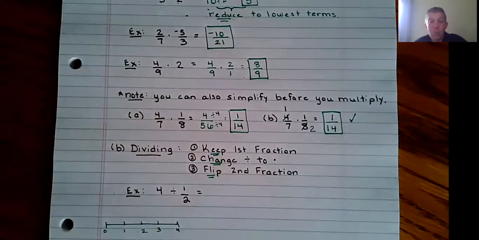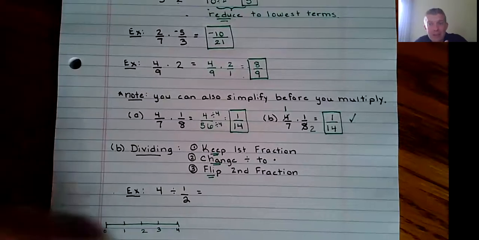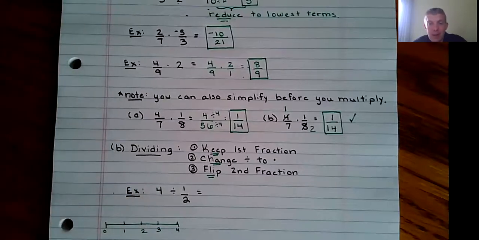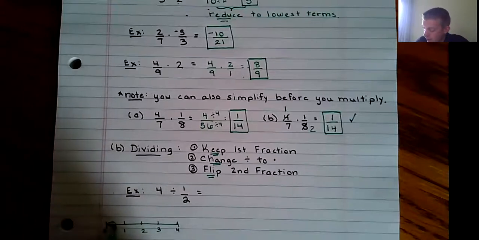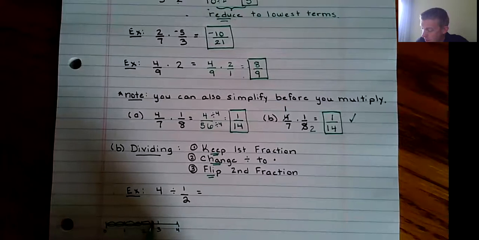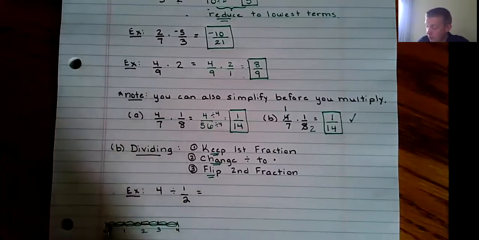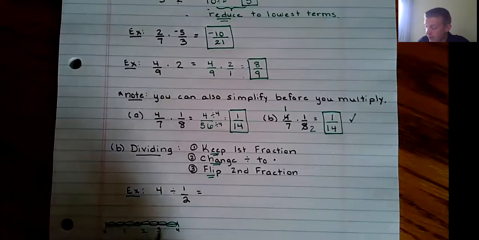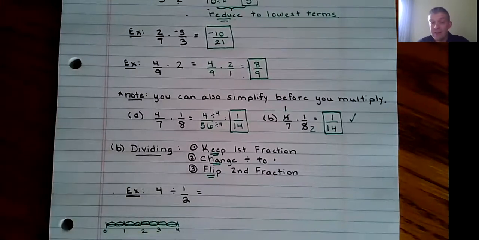I want to know how many 1/2s fit in there. If I divide up 4 by 1/2, how many different pieces do I have? Well, I have 1, 2, 3, 4. There was the 4, and they all got split into halves. So 1, 2, 3, 4, 5, 6, 7, 8. And that is the answer.